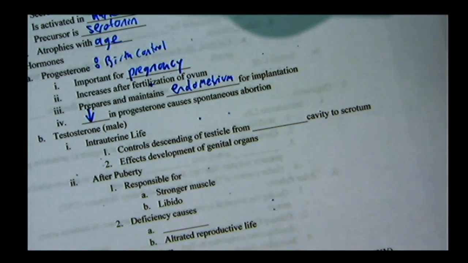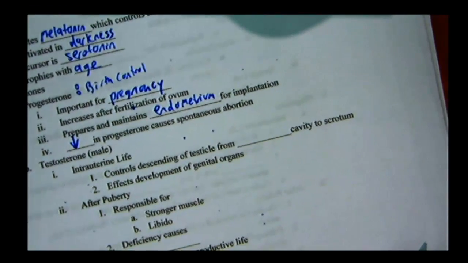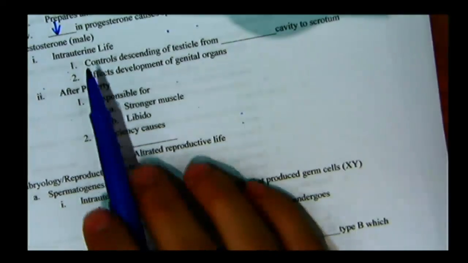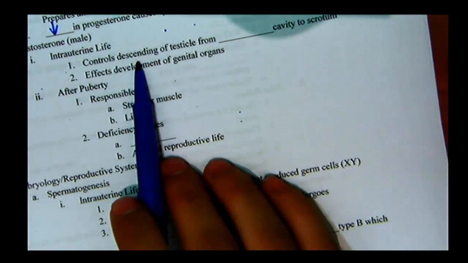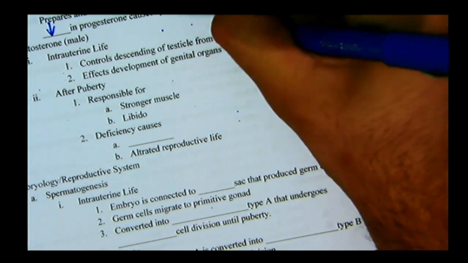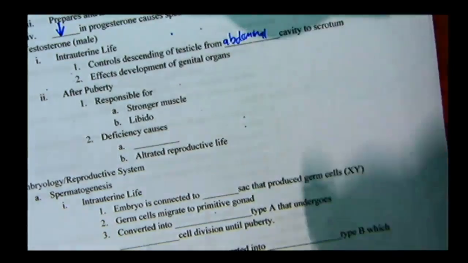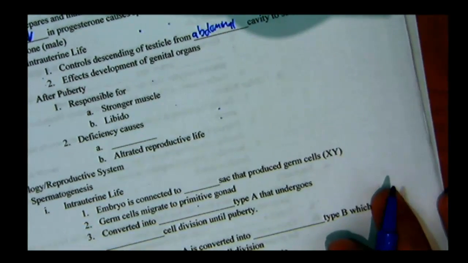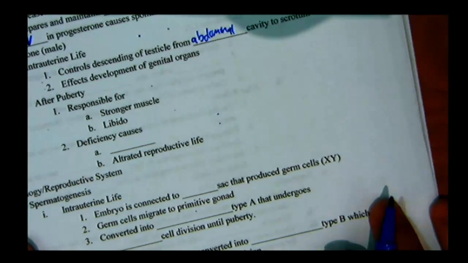So now we're at testosterone. During intrauterine life, it controls the descending of the testicle from where? Abdominal cavity to the scrotum. Why does it go to the scrotum? Why doesn't it stay in the abdominal cavity? It's a weird question. Temperature, right? You want to make sure spermatogenesis happens.